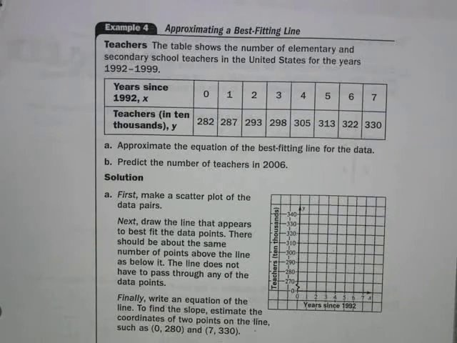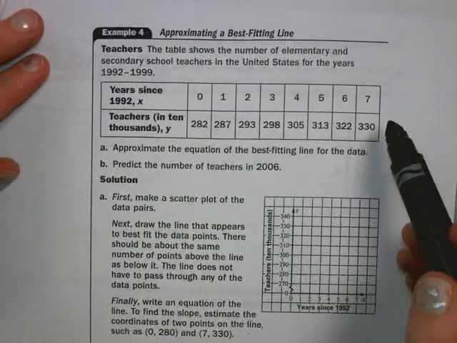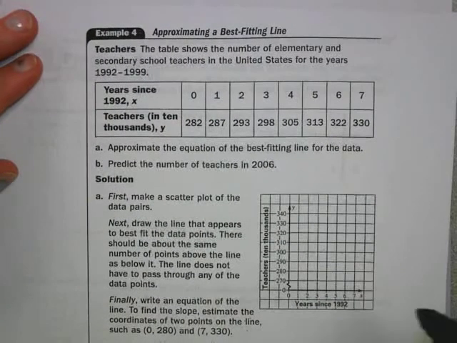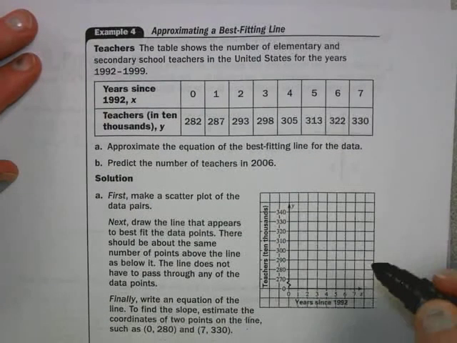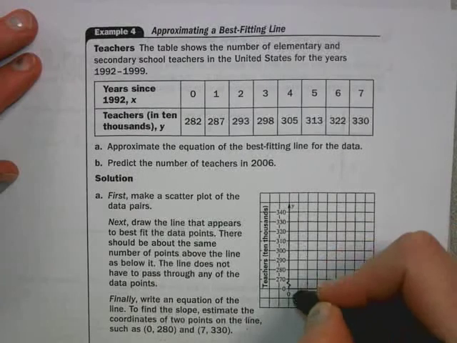Part A says to approximate the equation of the best fitting line. Well, we have to first graph this data to see if we can get a best fitting line. So we're going to graph out each one of these, and we have to kind of approximate.